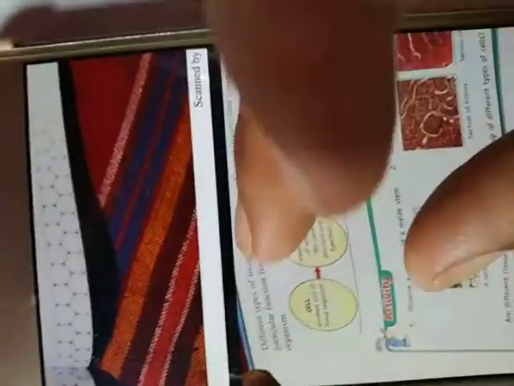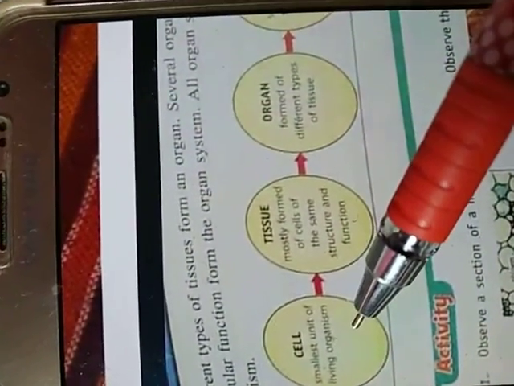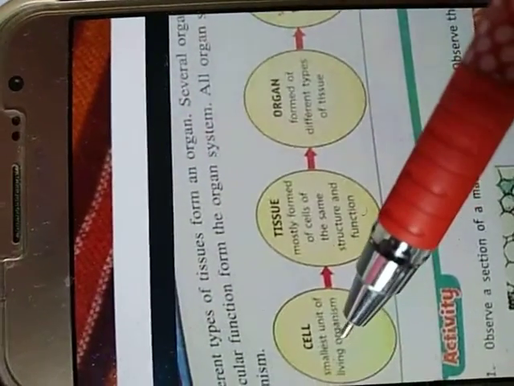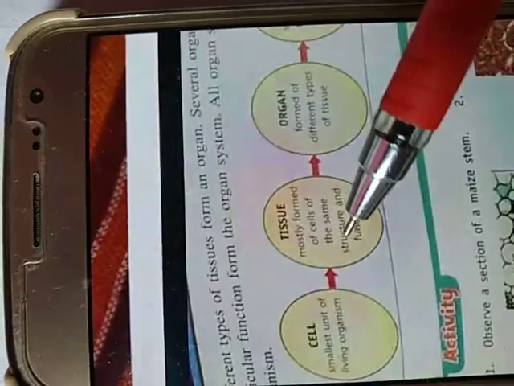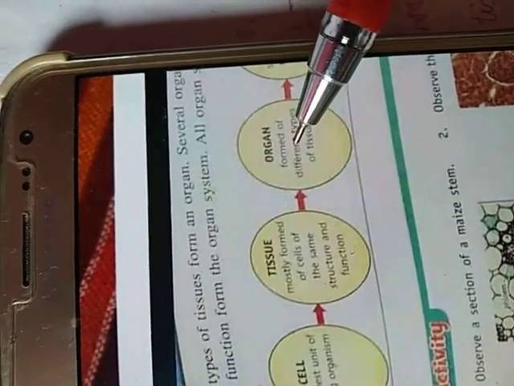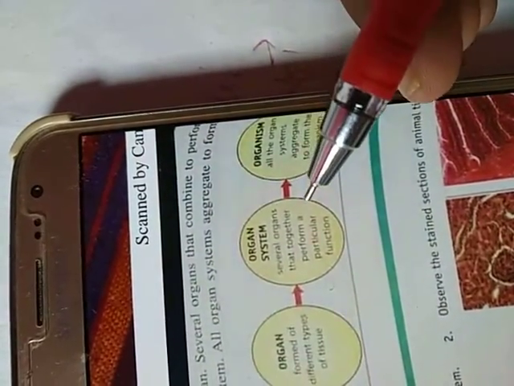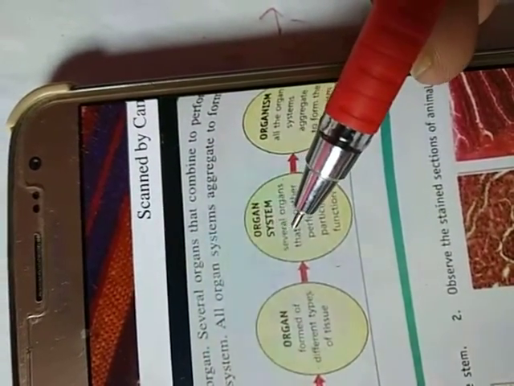There is a sequential chain. Cells are the blocks or units of a living organism. When a number of cells aggregate with each other, they form tissue. When a number of tissues aggregate, they form an organ. Different types of organs constitute together and perform a particular function; then it is called a system.